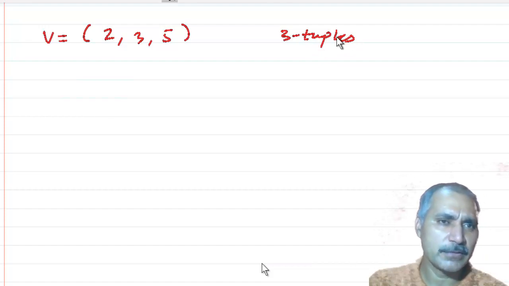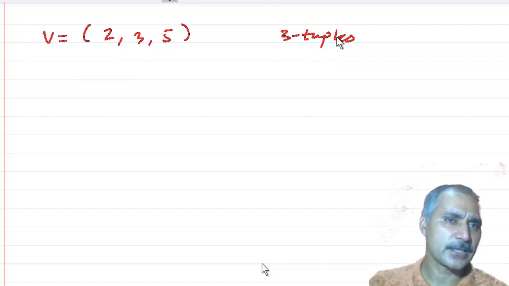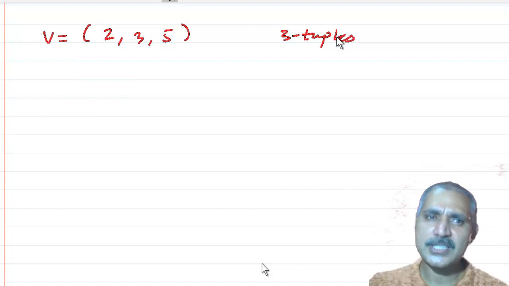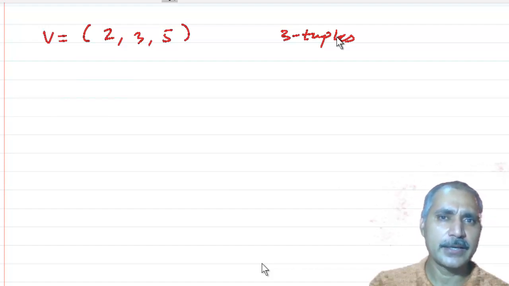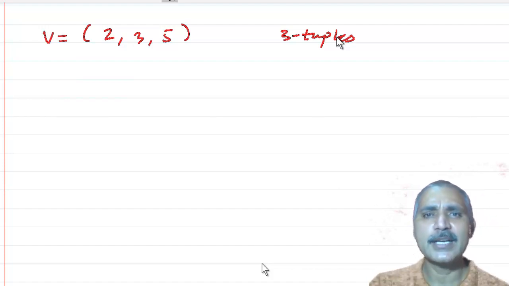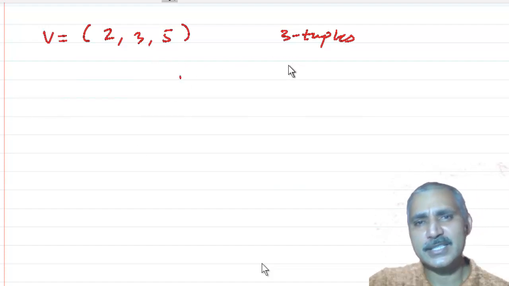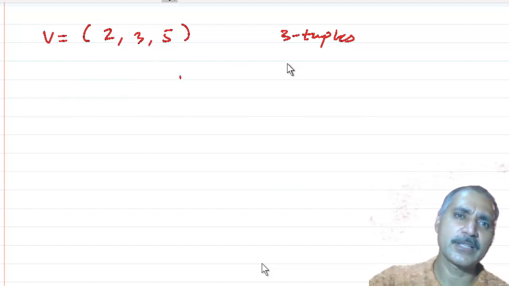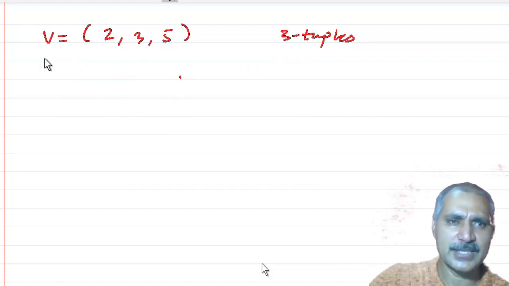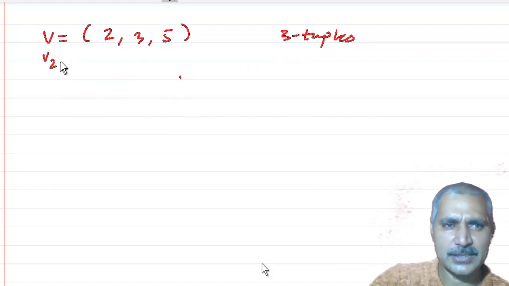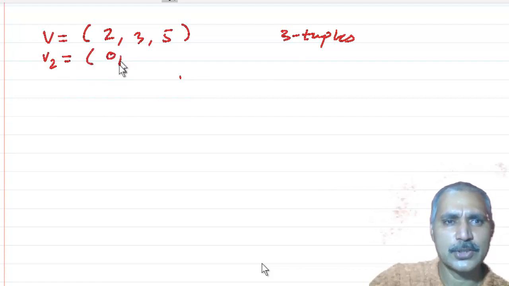A vector is a set of numbers arranged in a fixed order, and the number of elements present in it is called the n-tuple. If there are 3 elements, we call it a 3-tuple. If it has 4 elements, we call it a 4-tuple. Let us take another vector, v2, that is 0, 1, 2, 4.